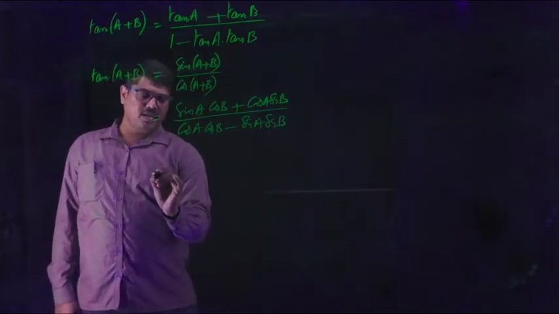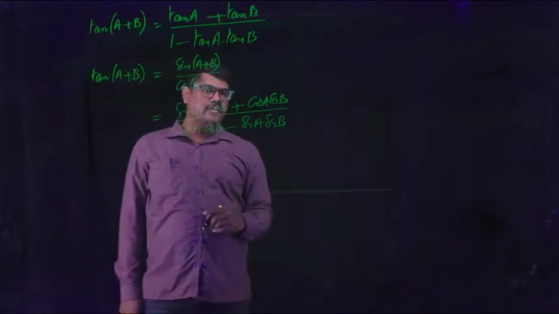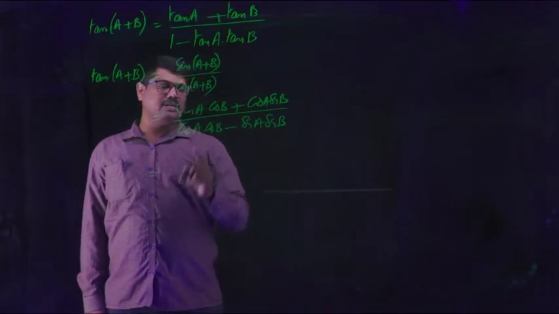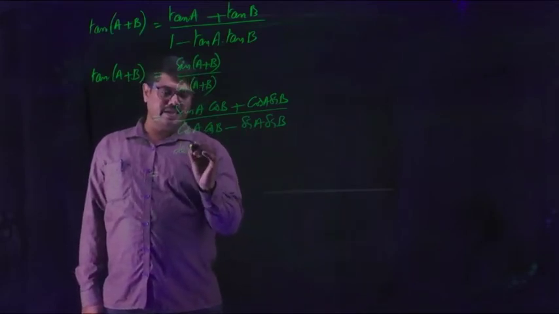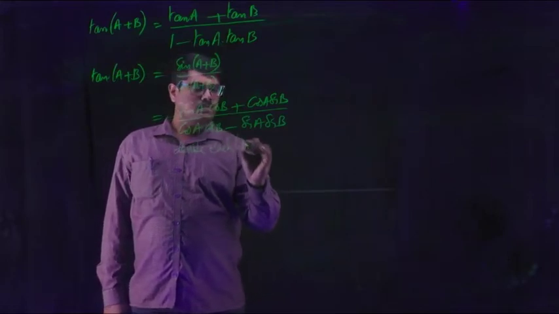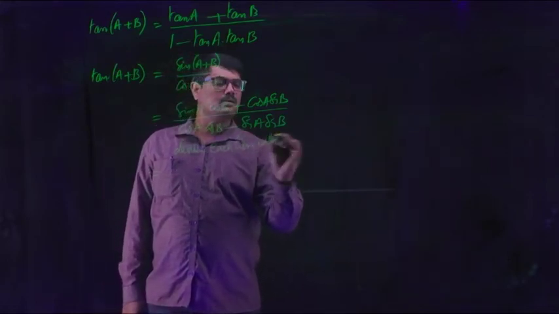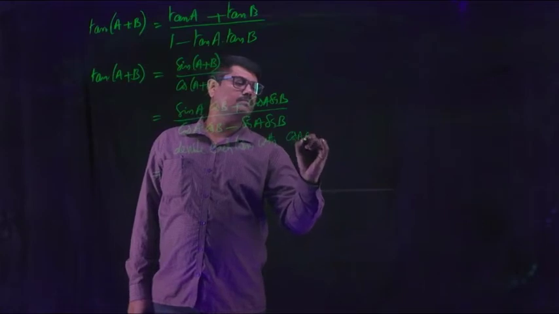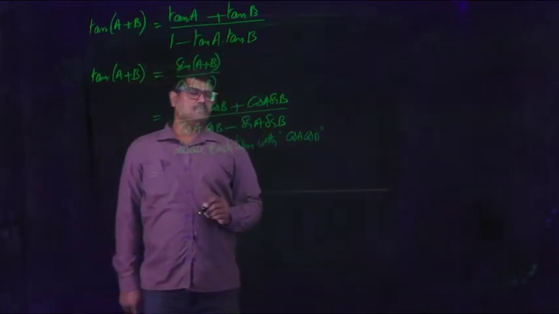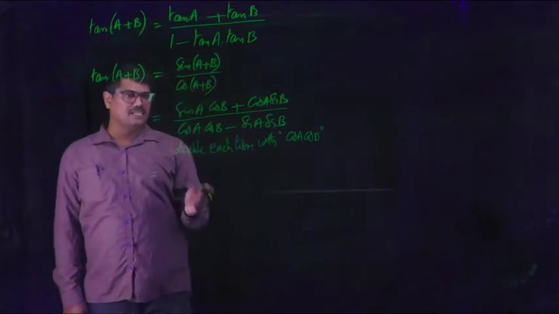To get the value in terms of tan, I am dividing the numerator and denominator, each term, with cos A cos B. I am dividing each term with cos A cos B to get the final answer in terms of tan.